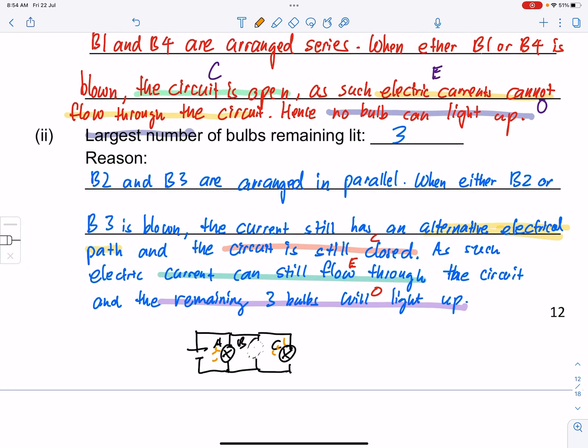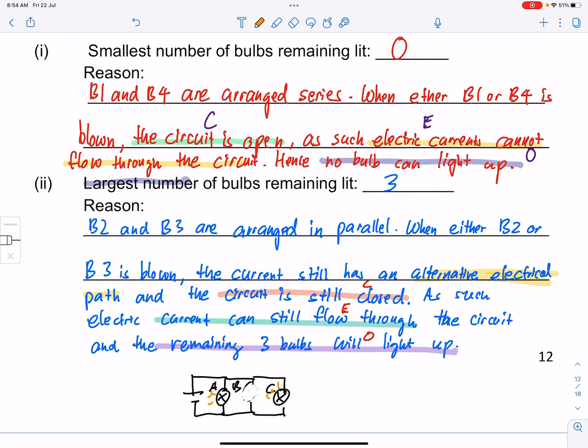Now, one other thing I want you to take note of in this question is that these two questions are comparing the arrangement of bulbs and how it affects the current flow when one bulb is blown. So you have to mention to me how they are arranged, because it is the arrangement that affects the outcome. You got it? Like I told you many times already, students tend not to talk about the arrangement.